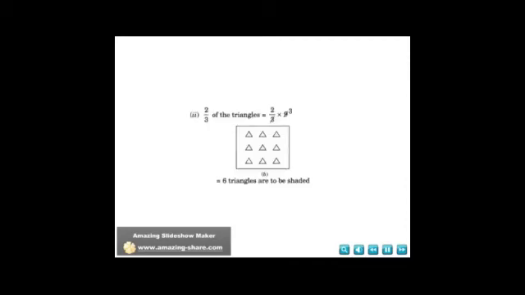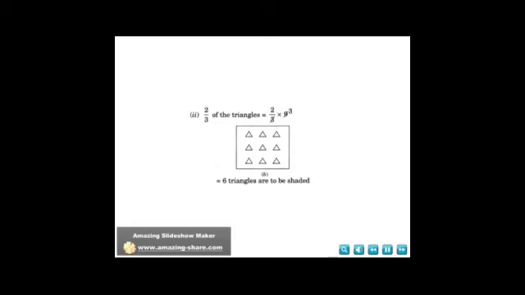Next, second subdivision, 2 by 3 of the triangles. Here we are given a box of triangles and it consists of totally 9 triangles, and we have to shade 2 by 3 of the total number of triangles, which means 2 by 3 of 9. Of is an operator of multiplication, so we put the multiplication symbol so that it becomes 2 by 3 into 9.